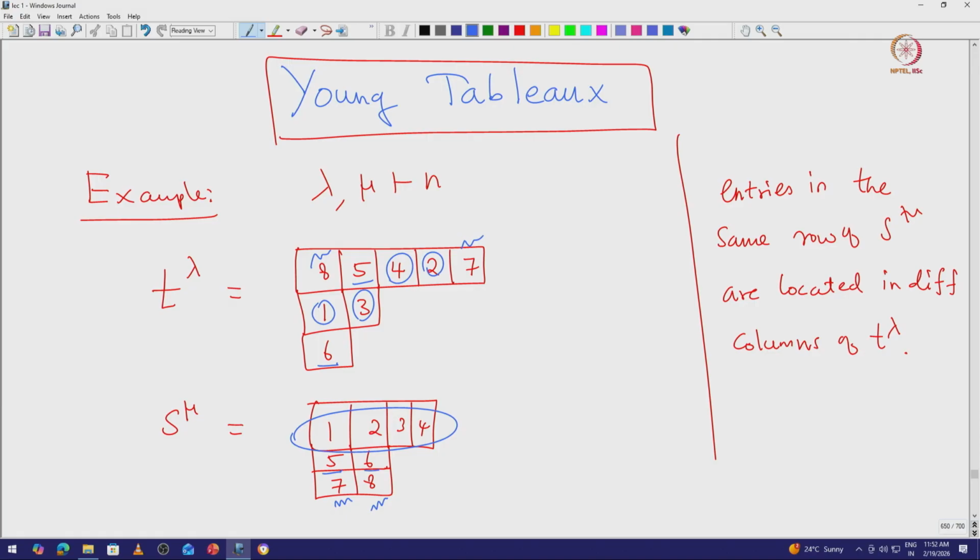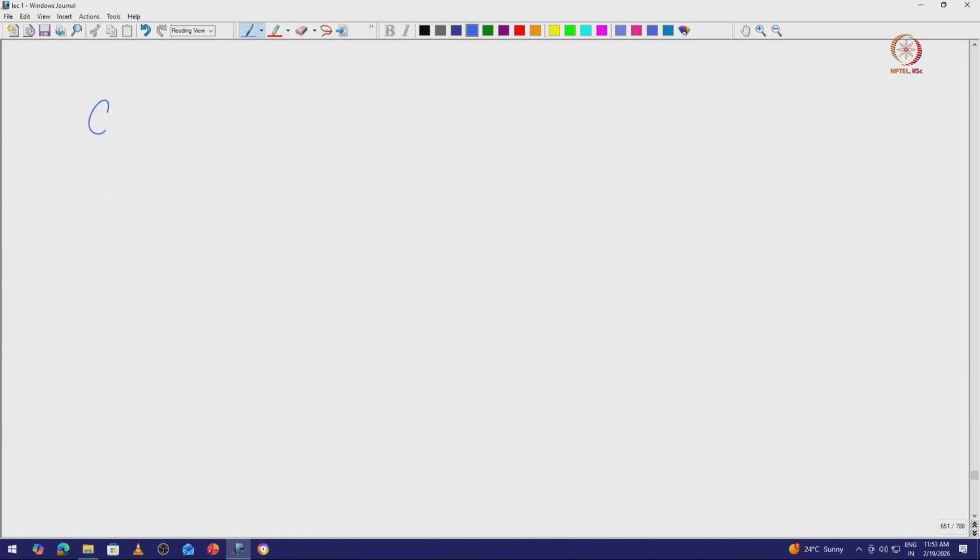Now what we are going to claim is that, given such a situation, we will be able to find another lambda tableau, call it U lambda. Here is the claim. There exists a lambda tableau U lambda such that the following happens.